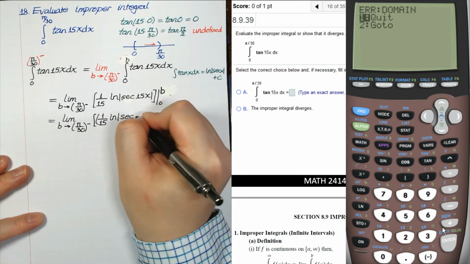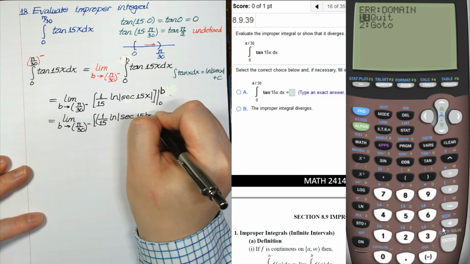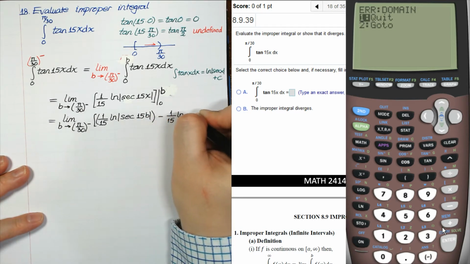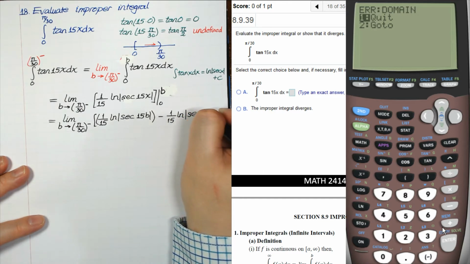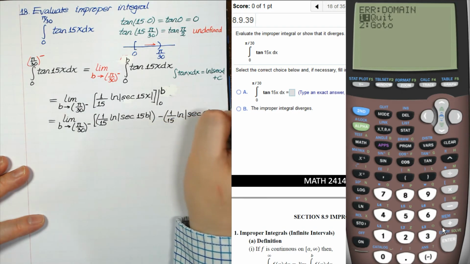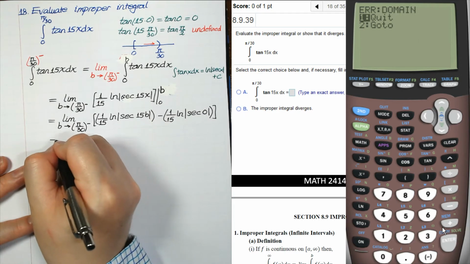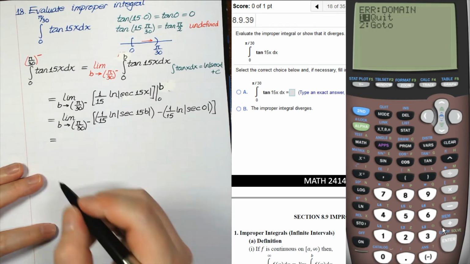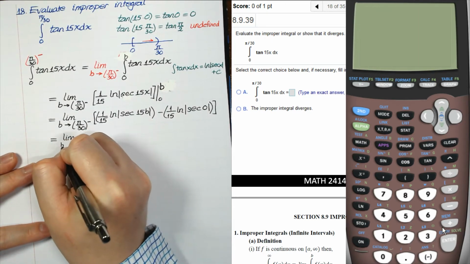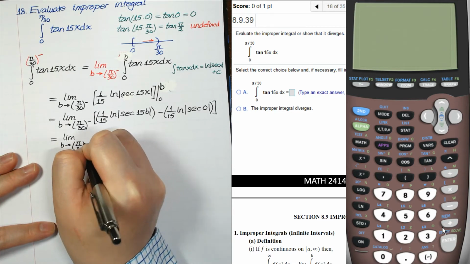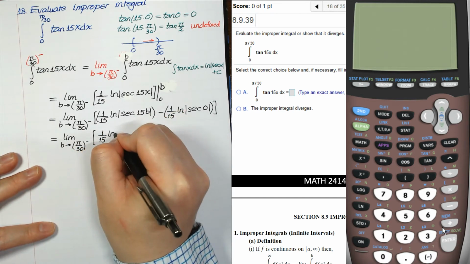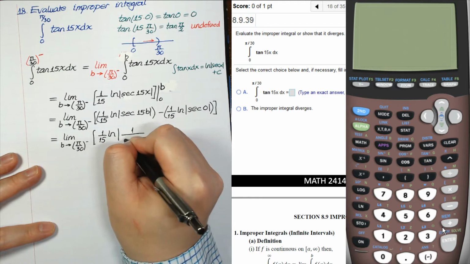Secant 15b minus 1 over 15 ln secant 0. Secant is 1 over cosine.